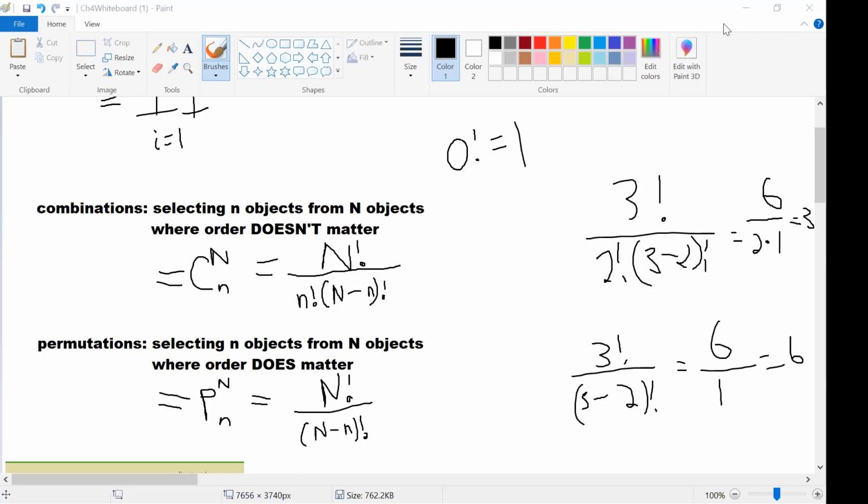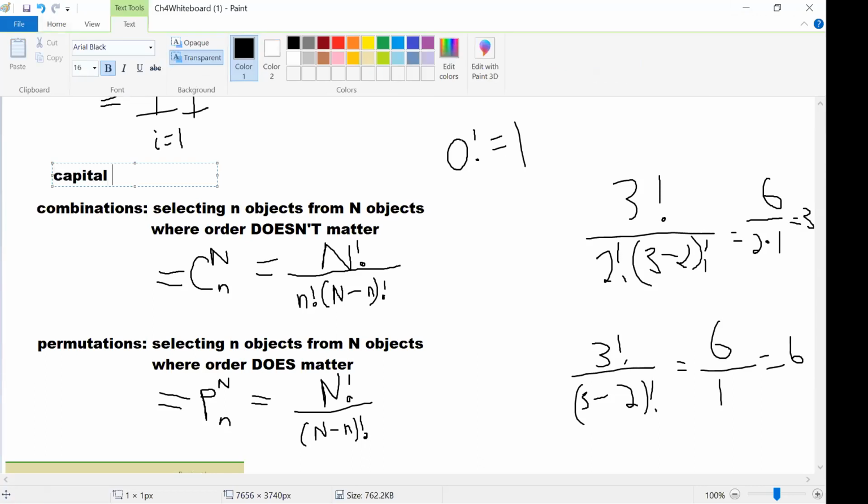The capital N, I'll write that down. Capital N is basically the size of our sample. It's our sample size or sample space. Lowercase n is what we're taking out of it. So I'll write that down. That's a good point you brought up. Okay, there's that.